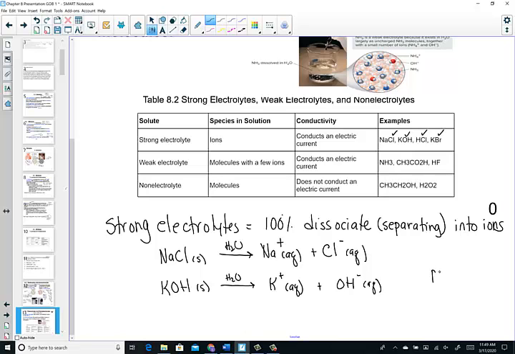Now remember, the polyatomic ions stay together. Polyatomic ions, we have a chart of those, don't we? They're groups of atoms acting as a unit carrying a charge. So hydroxide is one unit carrying a -1 charge.